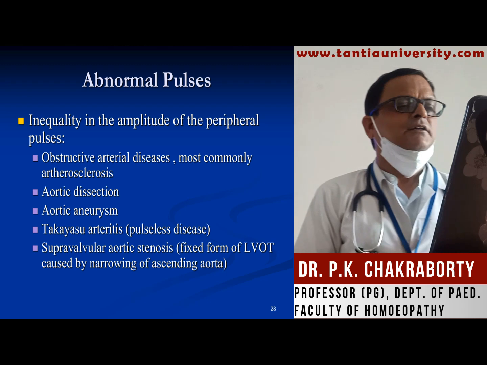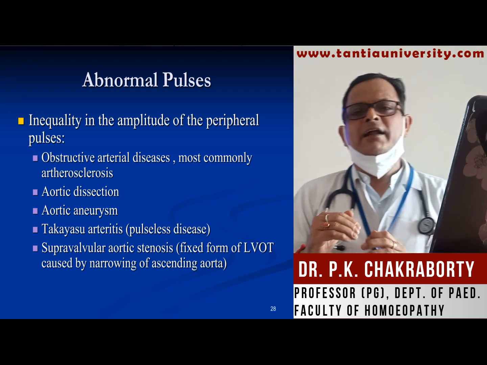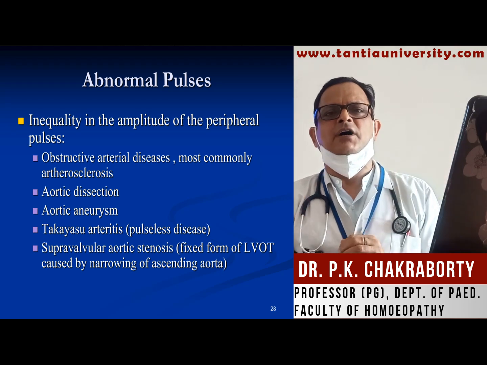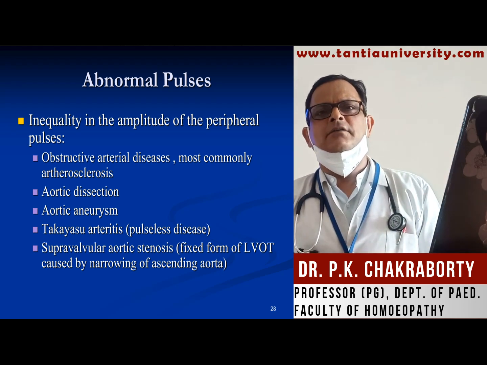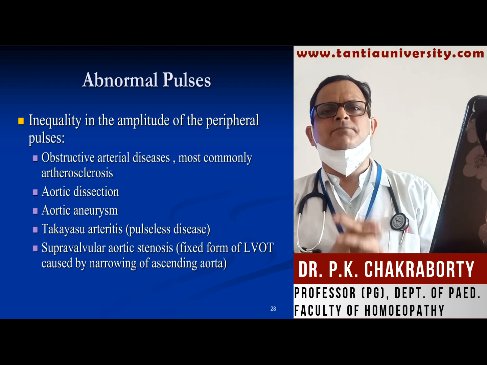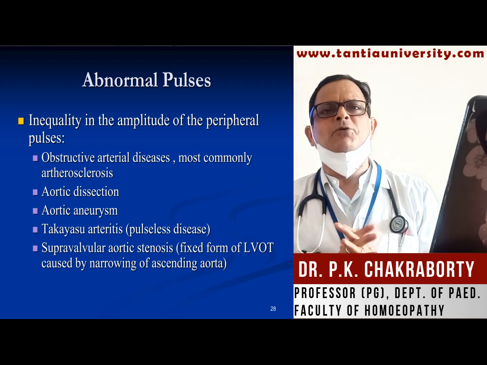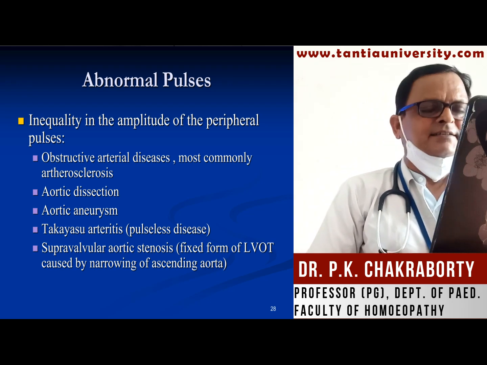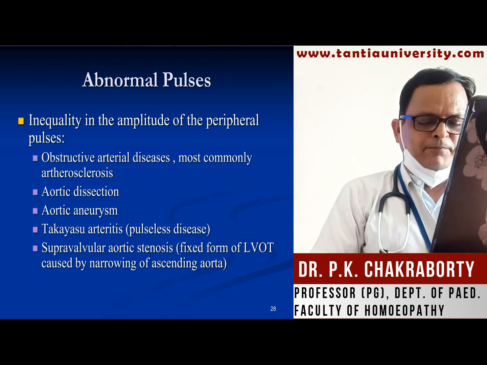We may not get the pulse. Also in left ventricular outlet tract obstruction, if there is an obstruction at the aorta, suppose in case of coarctation of the aorta, it is happening very commonly, outlet obstruction. In those cases also we will find some abnormal pulses.